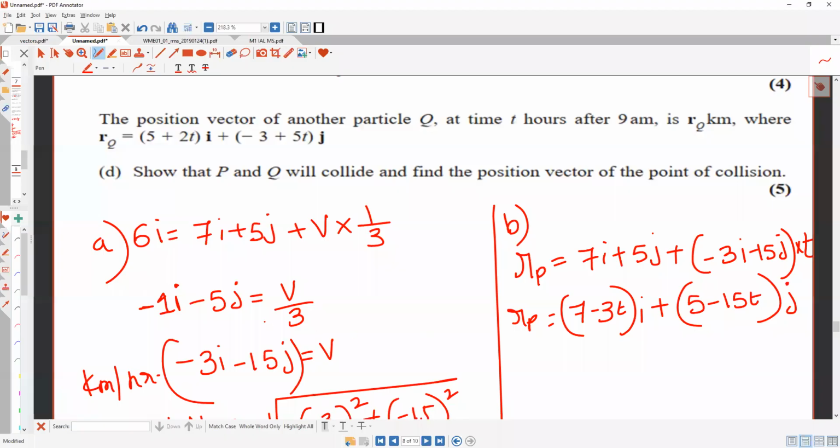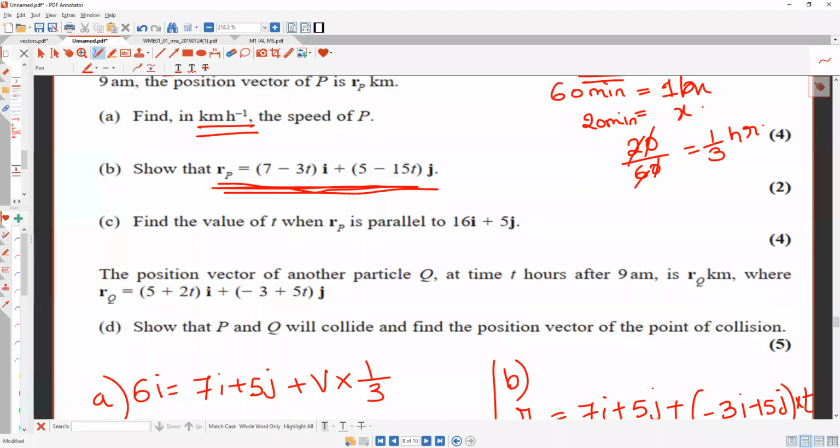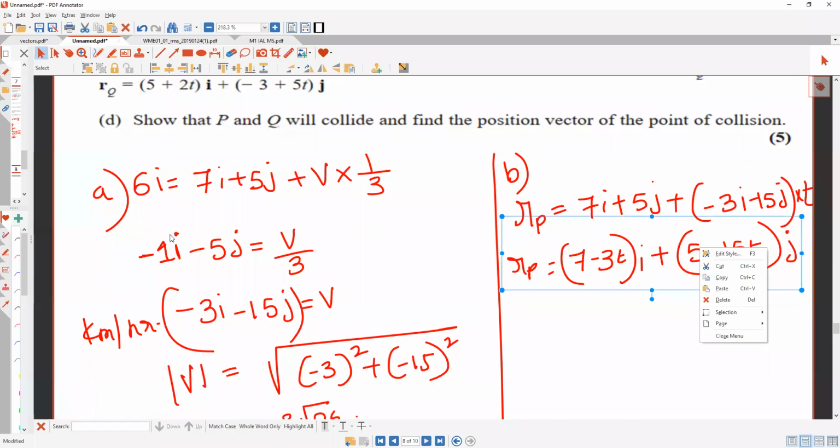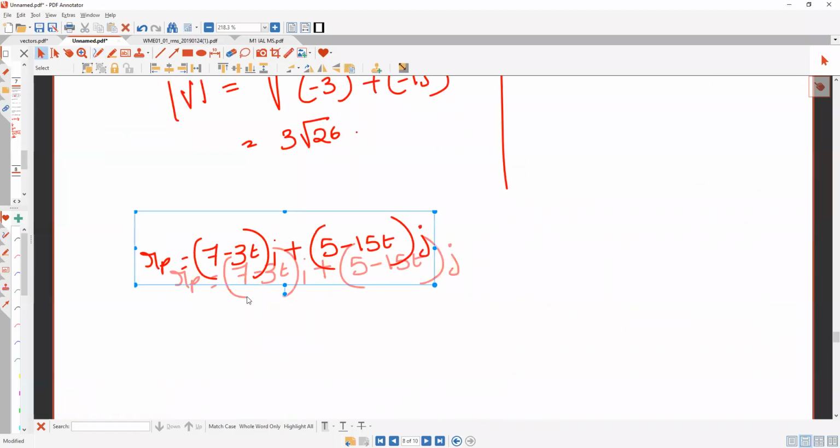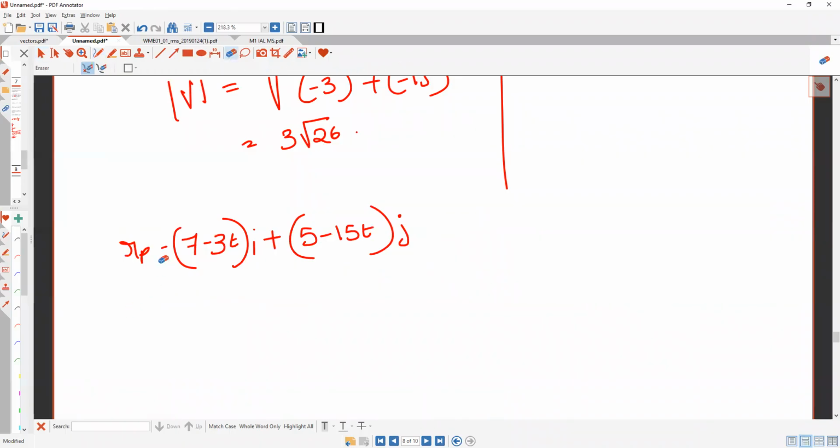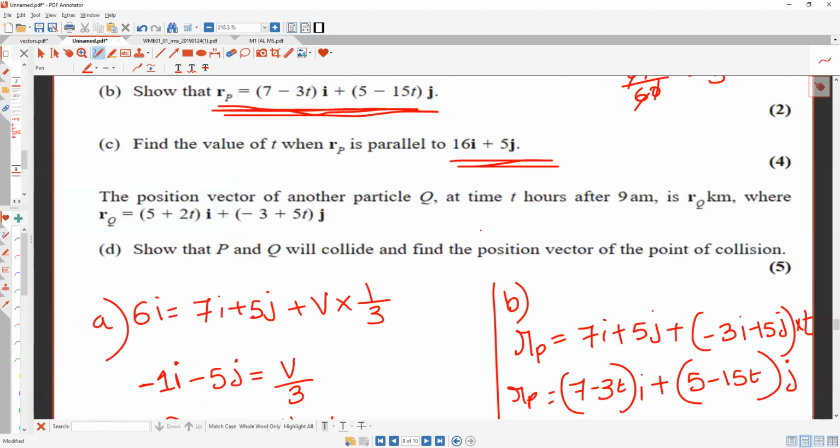Now, let's go with the C part. Find the value of t when RP is parallel to this guy. Easy again. When something is parallel, I told you about the constant. So let me copy paste this. When this is parallel, parallel means some kind of constant times 16i plus 5j.